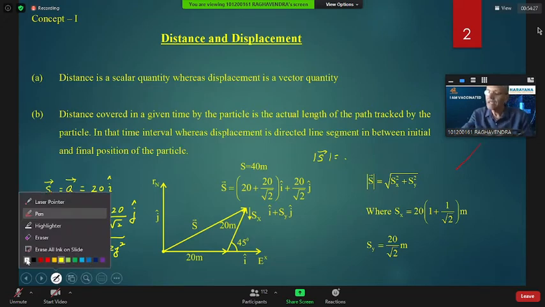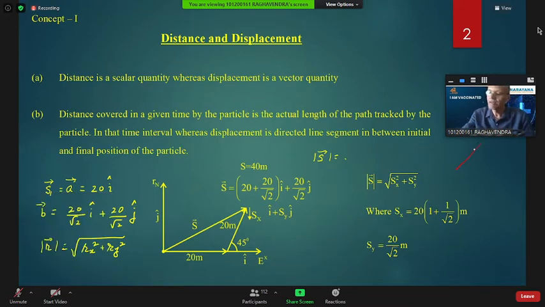This is vector B or S2, whichever you like. So it will have two components, beta. This angle is 45 degrees. This is mod B cos theta, if this angle is theta. You have learned cos theta in vectors so nicely. And this one is mod B sin theta.